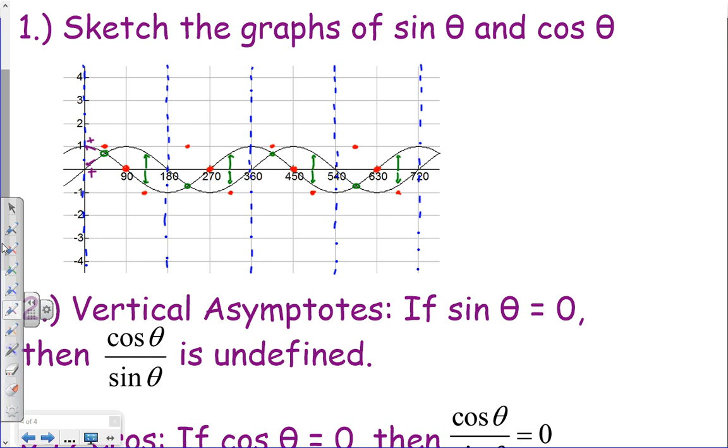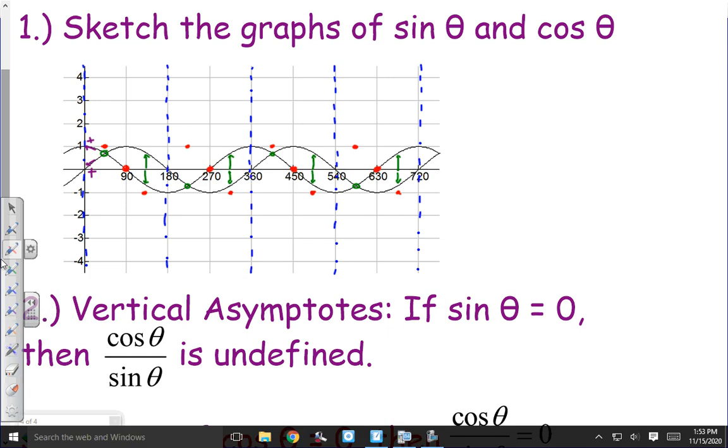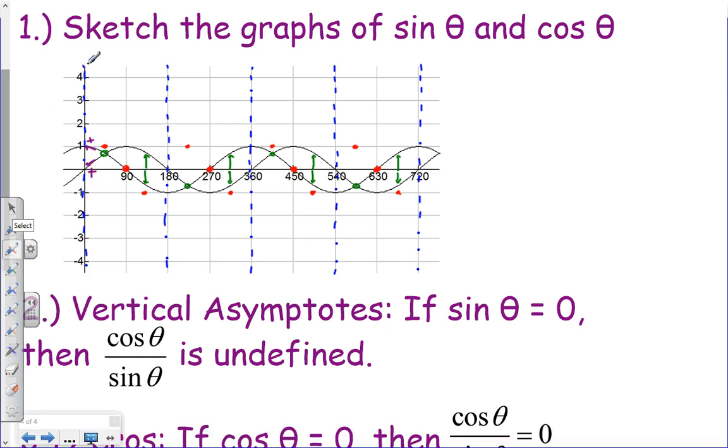So you have a ratio of a positive number, cosine, divided by a really, really small positive number, sine. So a positive divided by a positive is going to give me a positive result. So I would expect that this is starting up here at positive infinity, headed down towards something like this. Now the fact that I have a couple of key values sketched in here probably should help me figure out what direction this has to head as I approach my vertical asymptotes, but sometimes considering the behavior on each side helps you verify that.